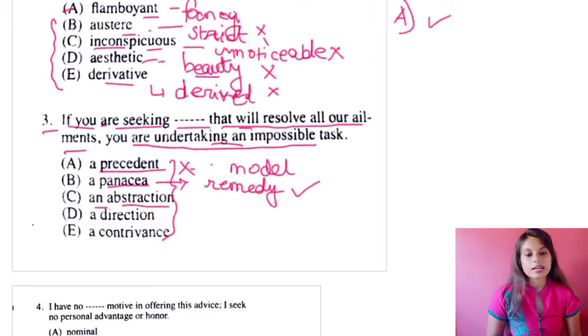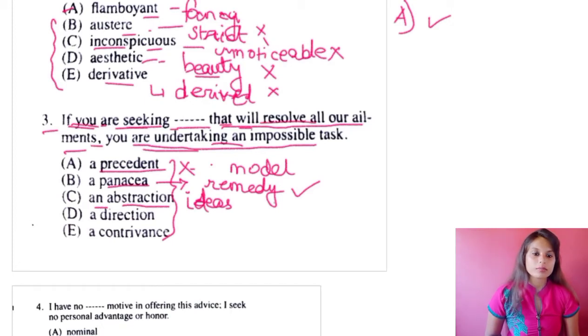Let us just check abstraction. Abstraction means the quality of dealing with ideas rather than with events. So it deals with ideas. If you are seeking an abstraction that will resolve all our ailments, then you are undertaking an impossible task. So thinking about an idea doesn't require to be called a task, all right?